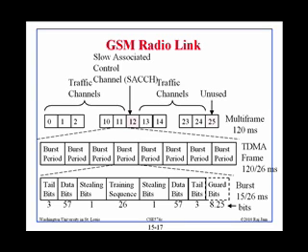Whereas this, how often can you send control channel here? Every 120 milliseconds. So this is slow and this is fast. You might want to steal for two reasons. One is because you want to send something fast, and the second is that you don't have enough on the slow channel. Yeah. What is 15 by 26 milliseconds?